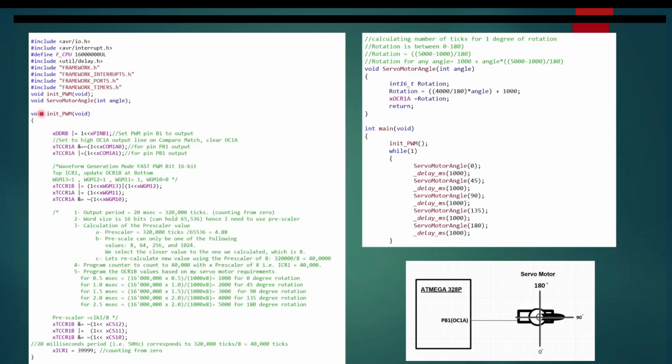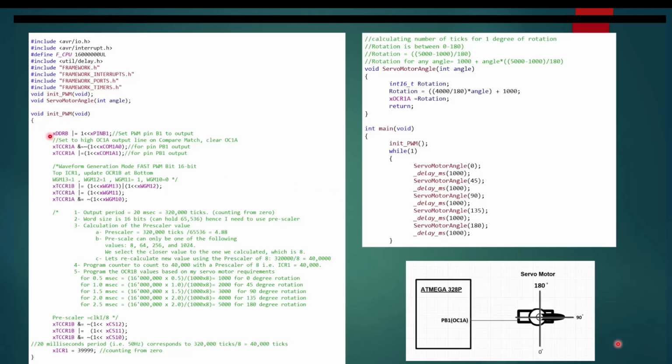So let's get into the details. So let's start with the init PWM routine. This routine is going to set the output for the pulse width modulation to pin B1, where you can see it here. This is pin B1, and the name of this is called the OC1A.